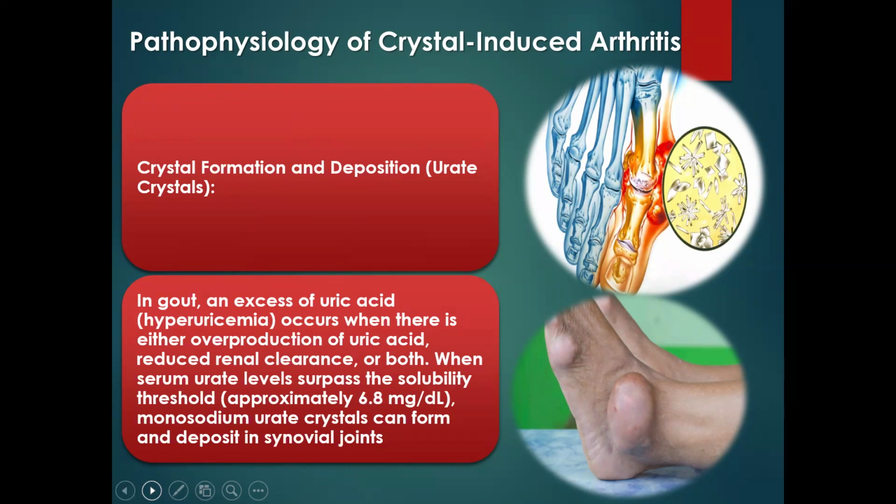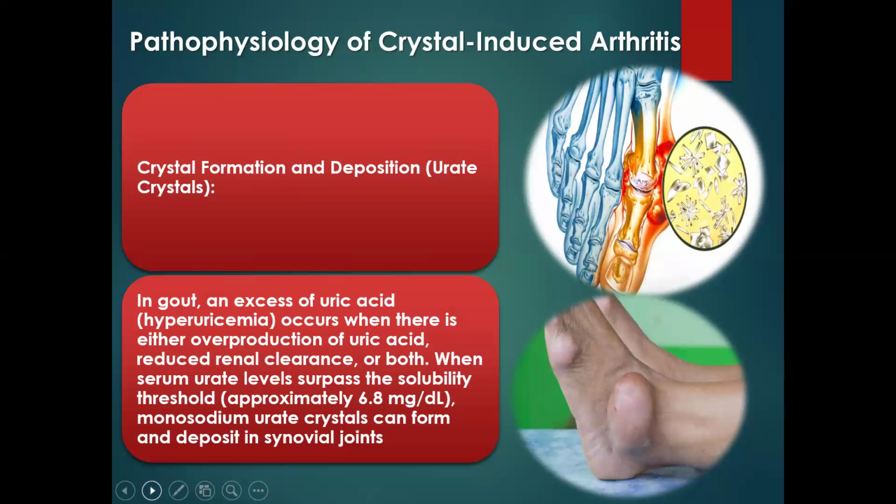And this hyperuricemia occurs when there is either overproduction of uric acid in the body, for whatever reason, or, two, reduced renal clearance. That is when the kidney is failing, the kidney is unable to remove the uric acid, or both.